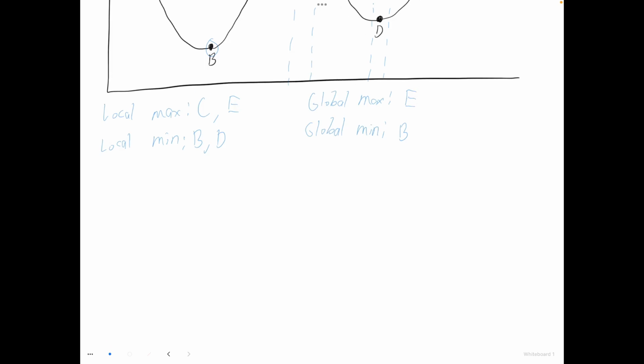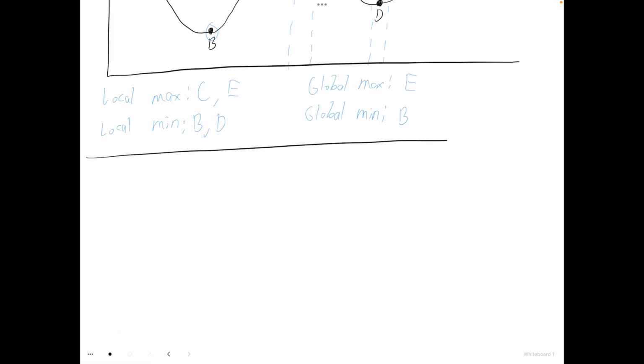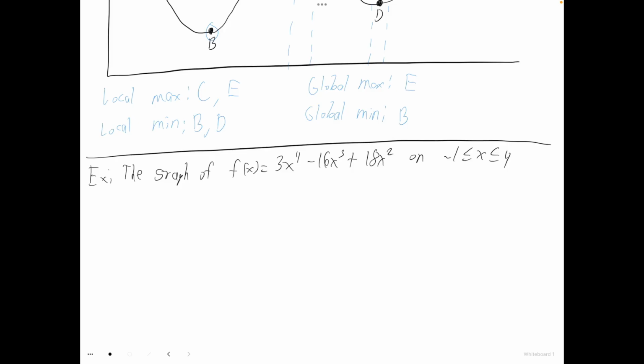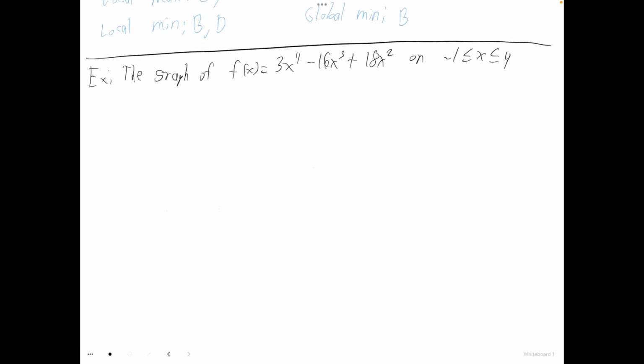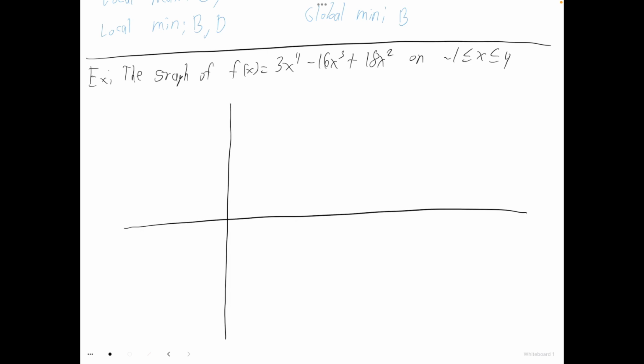So now let's look at another example. We're going to look at the graph of f of x equals 3x to the fourth minus 16x cubed plus 18x squared on the interval -1 to 4. Now I'm going to draw the graph of this function. It is kind of hard to draw, but we're going to use technology, technically, to find this graph.